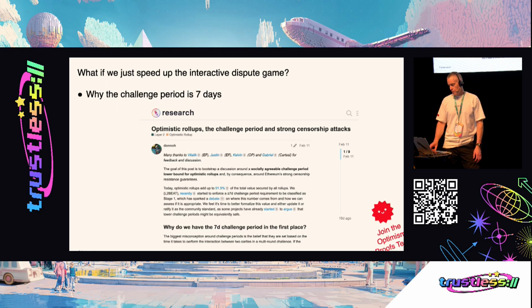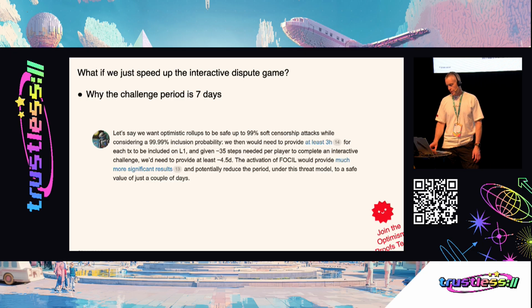Now, we could do that, but L2 Beat has some good guidelines, and I think what they started with is that it should be 7 days. Well, that's the current definition of stage 1. So the challenge period has to be 7 days.